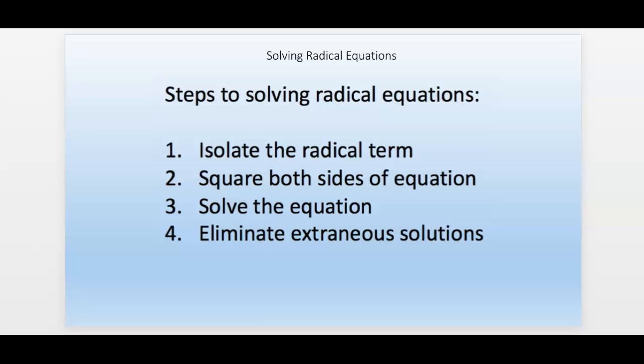And sometimes it equals two things because you get a quadratic. You get a couple different answers. So you plug them back into the original equation because sometimes you get what's called extraneous solutions. And we'll talk about them a little bit today. We'll look closer at them on Monday.